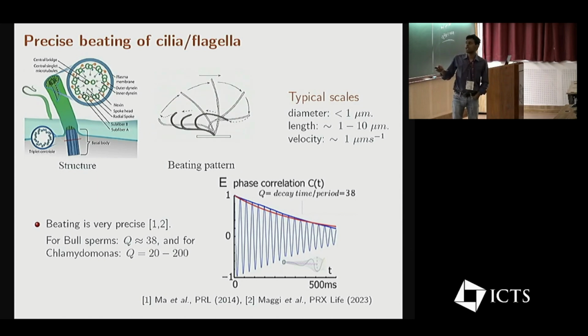So you have two scales, an oscillation scale and a damping scale, and the quality factor is the damping scale divided by the oscillation period. This quality factor lies between about 38 and 200, which is huge for such oscillations.